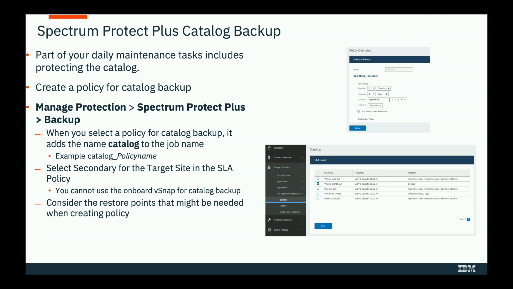And as I said, if there's an outage at one of your sites, then it's a matter of simply deploying the OVA, which is the Spectrum Protect Plus server, and reconnecting the Spectrum Protect Plus server with the VSnap repository that's local at that site, in the San Francisco site in that example. And that's just a matter of providing the credentials back to the VSnap server.